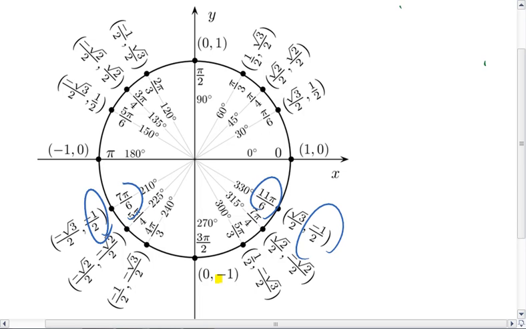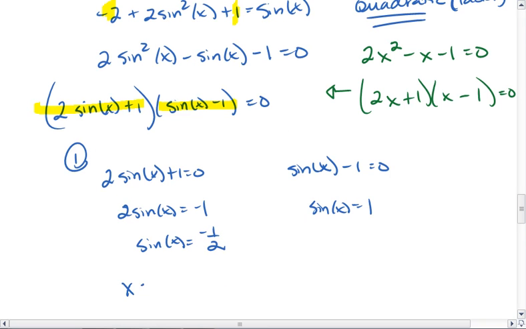So 7π/6 and 11π/6. So our possible solutions here are 7π/6 and 11π/6.